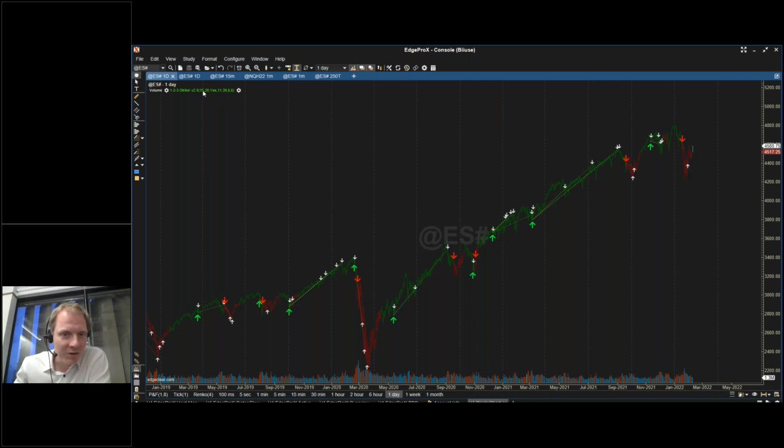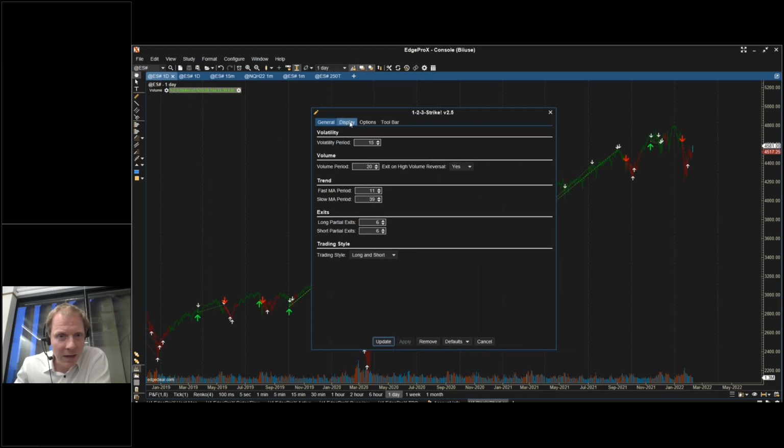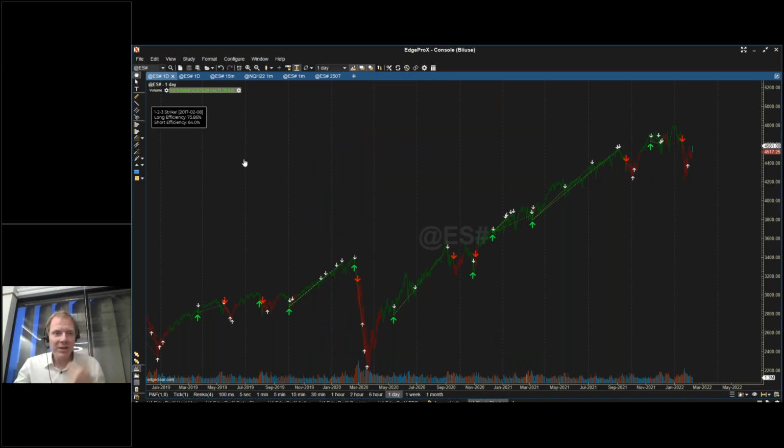So I'm going to go to the settings of this indicator just by double clicking here. I'm going to go to display, and I'm going to enable what we call our instant efficiency statistics. All right, so I'm going to say update. And now what you can see here in the top left corner are 2 numbers.